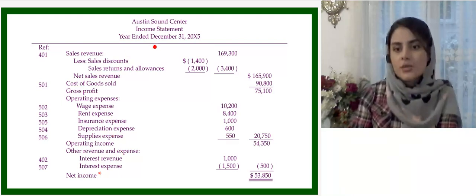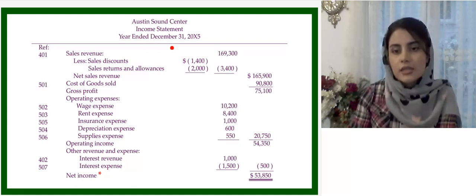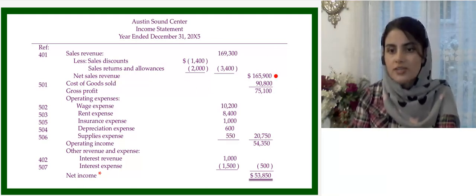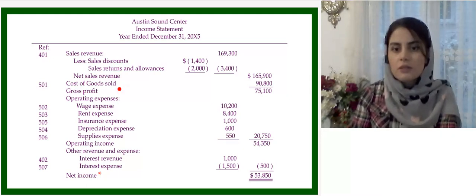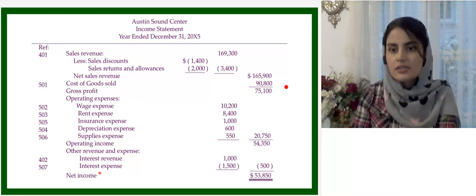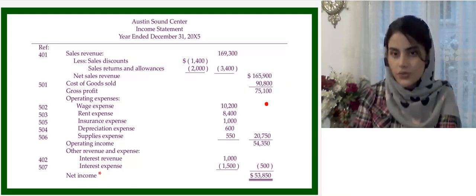Here it is, Austin Sound Center. The income statement of Austin Sound Center begins with sales revenue, then less sales discounts, and also sales returns and allowances, which gives us net sales revenue, which the amount is 165,900, and we should minus cost of goods sold, that gives us the gross profit, which is 75,100.